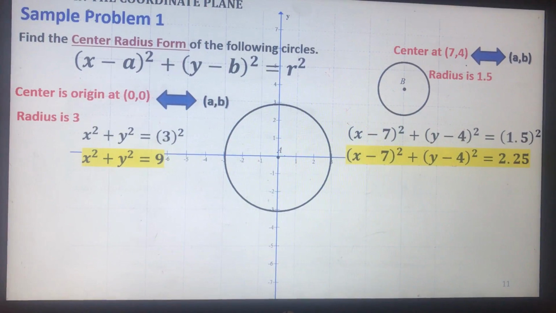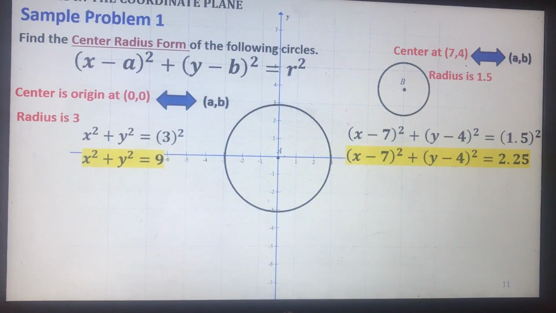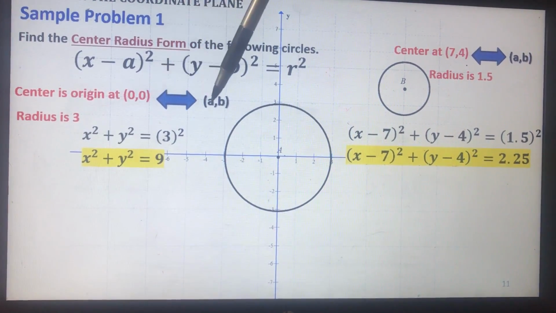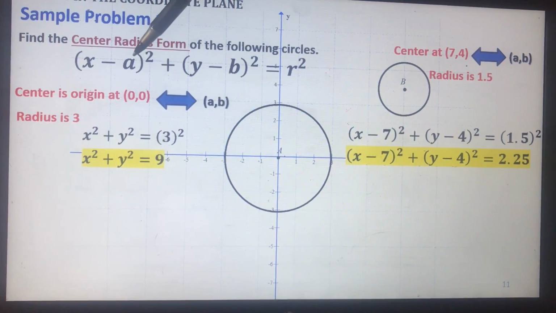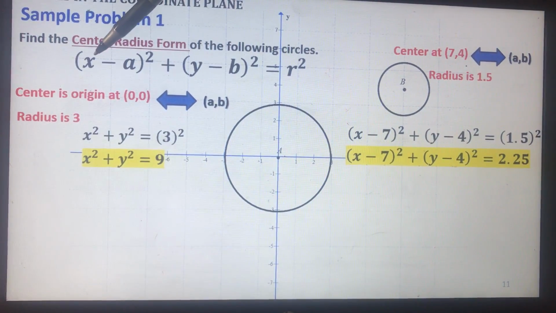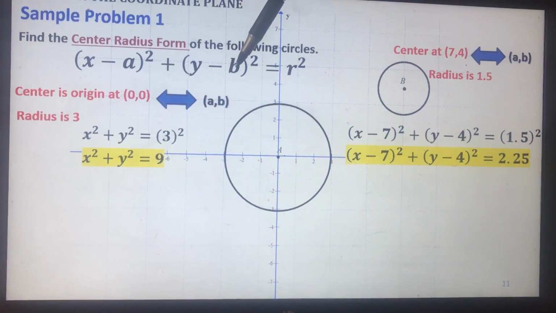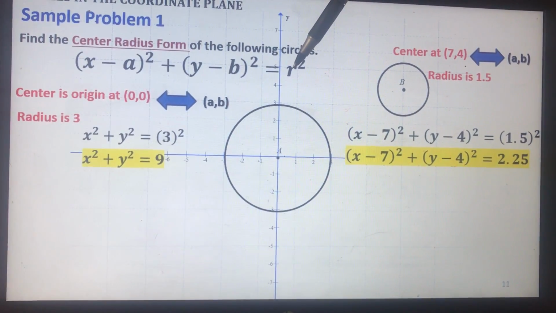So we substitute a equals 0 and b equals 0. In our original equation we have (x minus 0) squared plus (y minus 0) squared equals r squared.